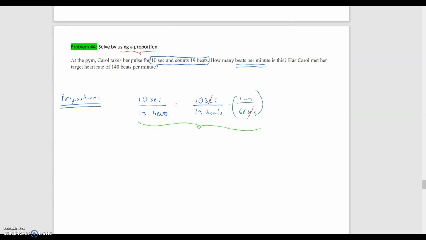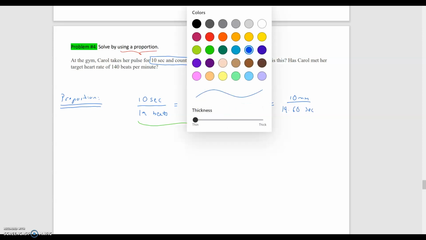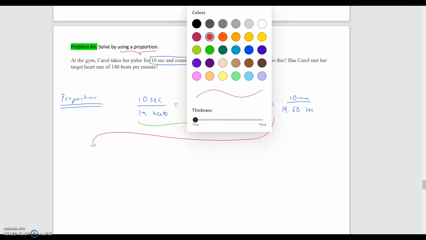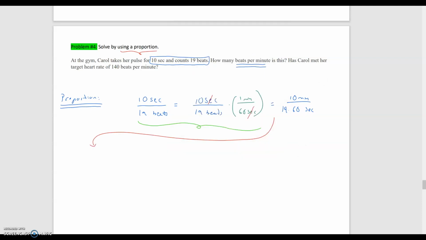And now as we simplify this one, you're going to get 10 minutes over 19 times 60 seconds. And this needs to be simplified further. So let me just move this here. And we can cancel from the top of 10.